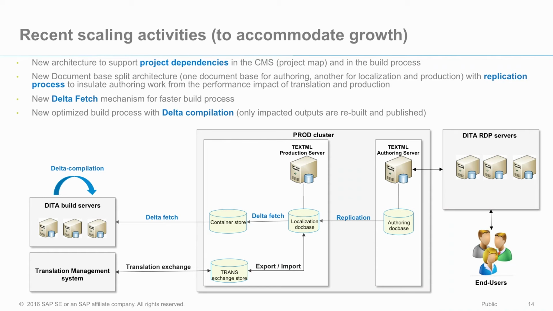And the last aspect is about delta compilations. From one build to another, we recompile and produce only the outputs that are impacted by the updated data files. This also has a lot of gain. We rebuild only the impacted outputs, and we publish only the impacted outputs out of the production. So these are the main ones we have implemented.